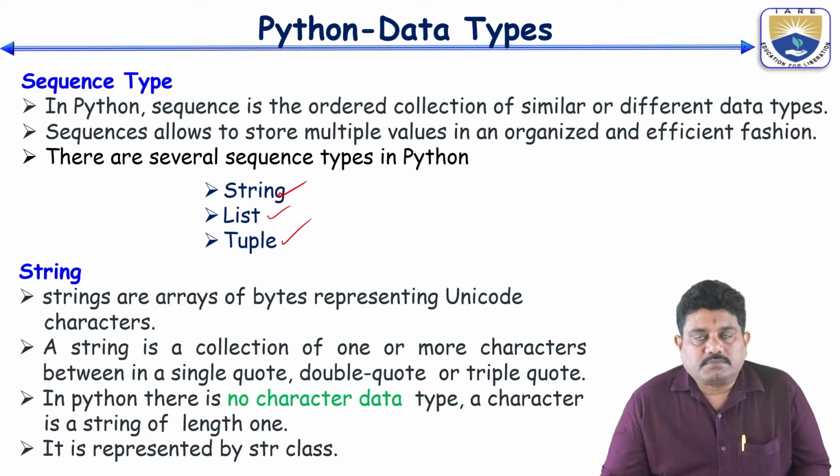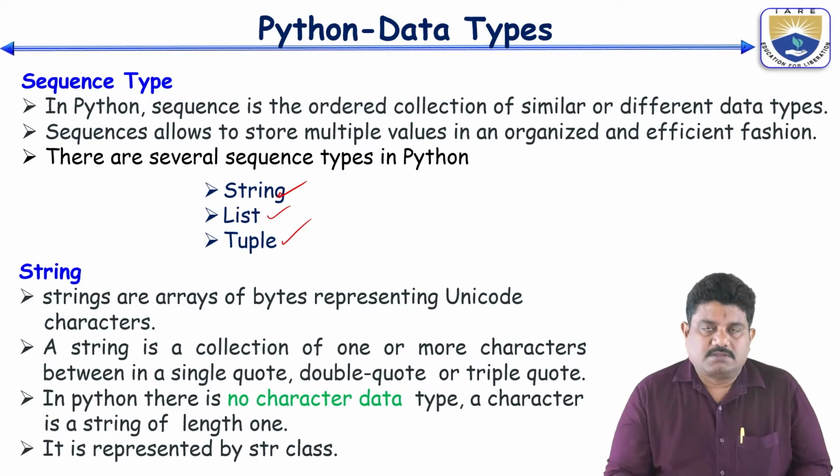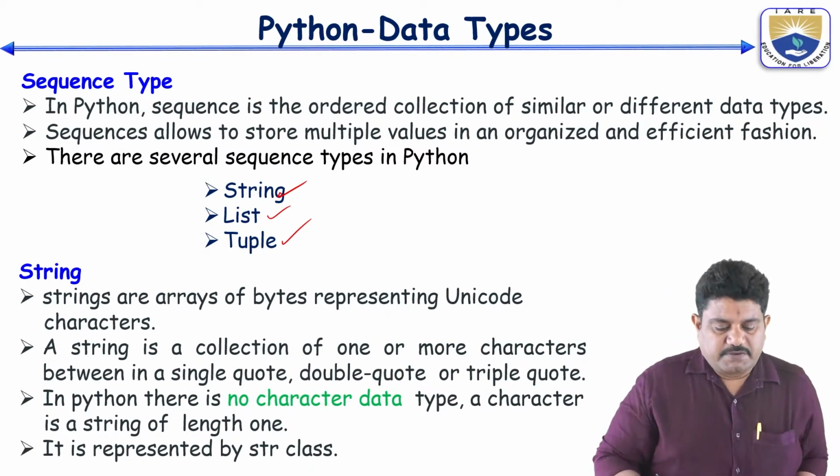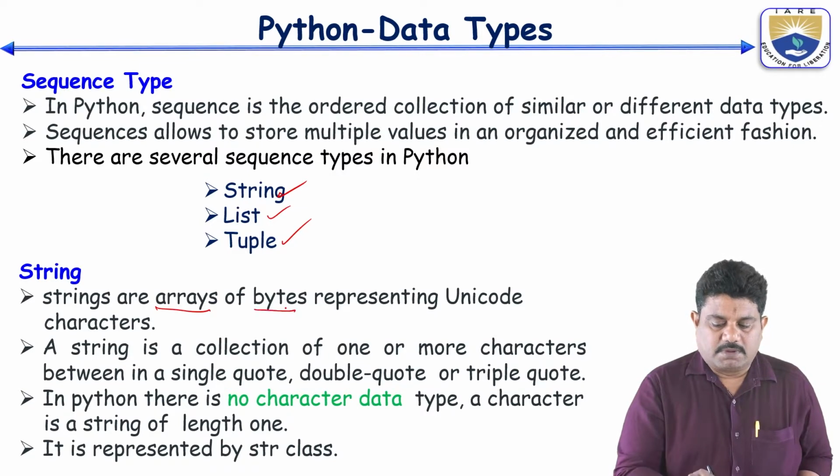String. Strings are arrays of bytes representing Unicode characters. Strings are nothing but arrays of bytes. You need to understand a few new words here: arrays, bytes, Unicode characters.